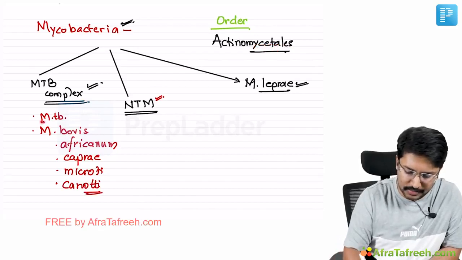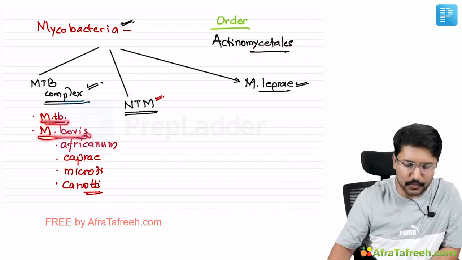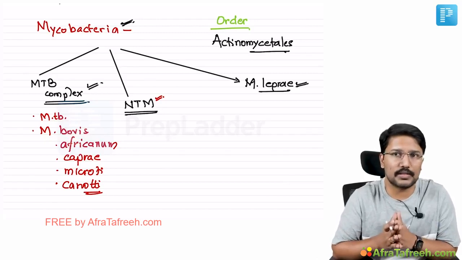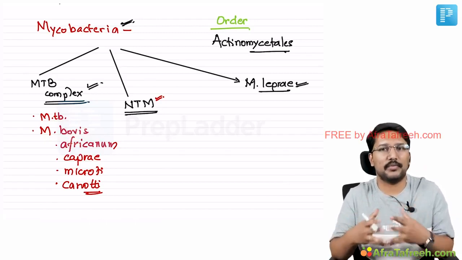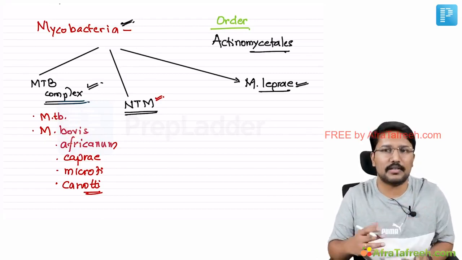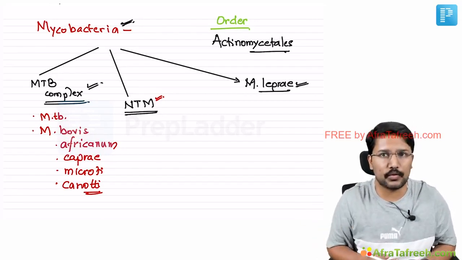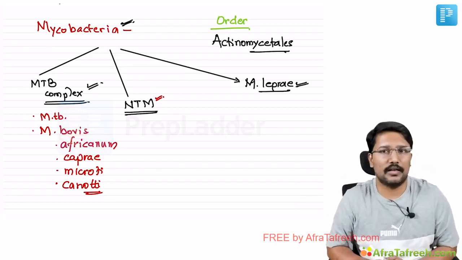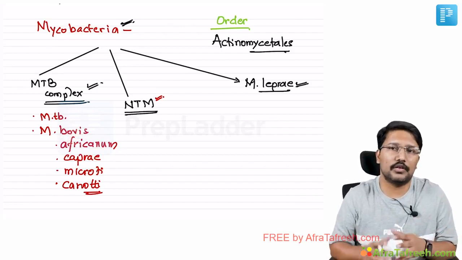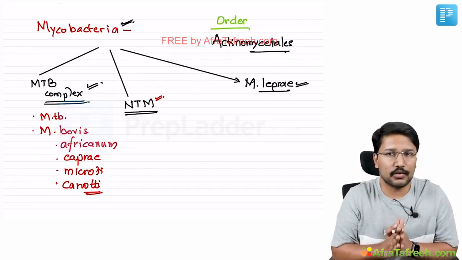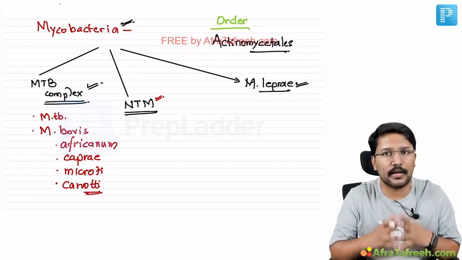Before we go to NTM, just a few words about M. bovis. Today the whole focus of discussion will be on Mycobacterium tuberculosis, which in humans primarily enters through the respiratory route, causes respiratory infections, and can also cause extrapulmonary tuberculosis. But M. bovis primarily causes intestinal tuberculosis. For MTB, the usual source of infection is an active open pulmonary TB case, so humans are the reservoirs for MTB.